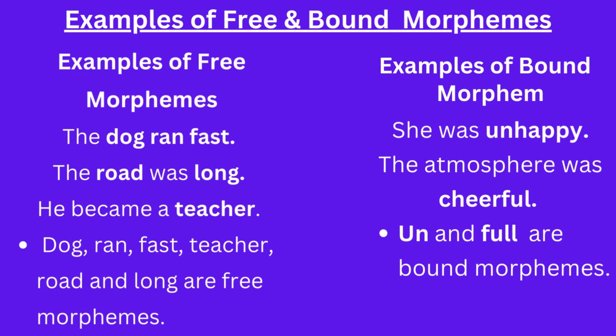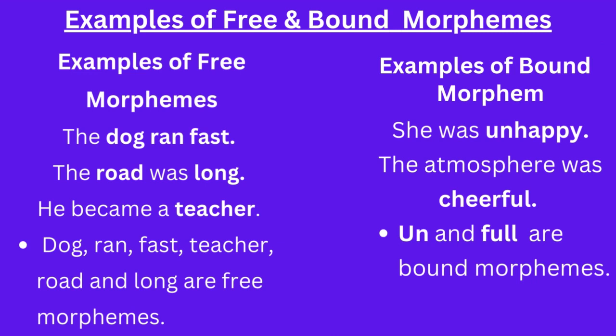They are not required to have any prefix or suffix for giving meaning, so they can stand alone and fall in the category of free morpheme. And next one is he became a teacher. Here, teacher is a free morpheme. So these are all examples of free morphemes because they can stand alone and they are not required to attach any form of morpheme for providing meaning.